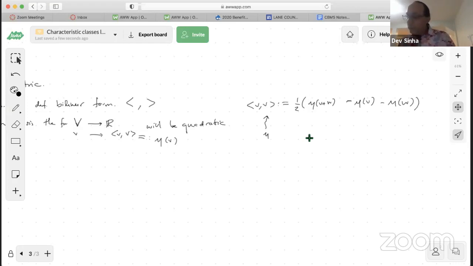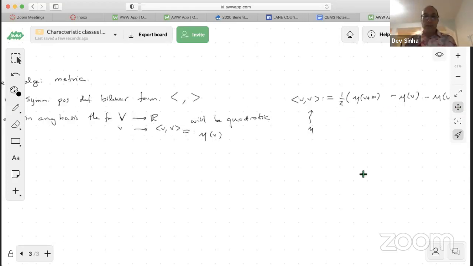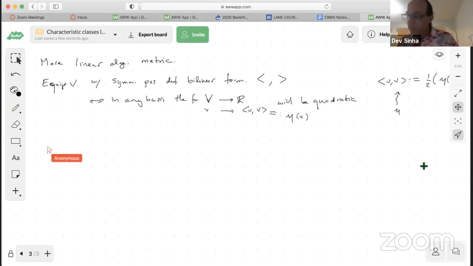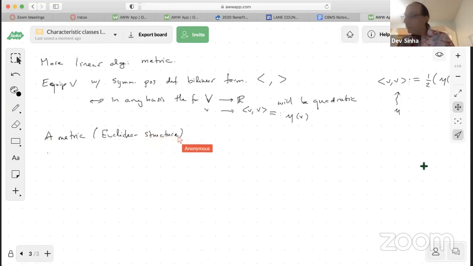So we're going to use both of these points of view, and then a metric on a vector bundle, and that's called a Euclidean structure, or makes it a Euclidean bundle in the terminology of Milnor and Stasheff, is just one of these.